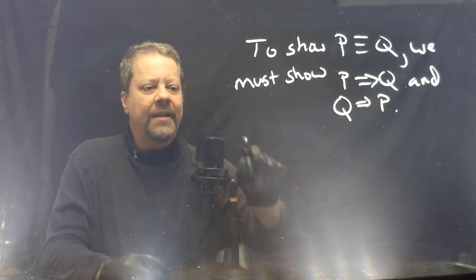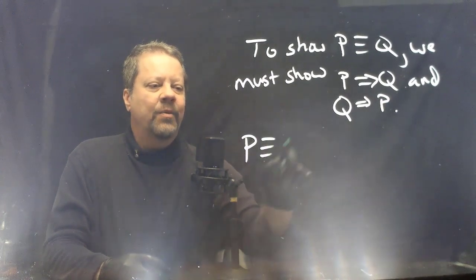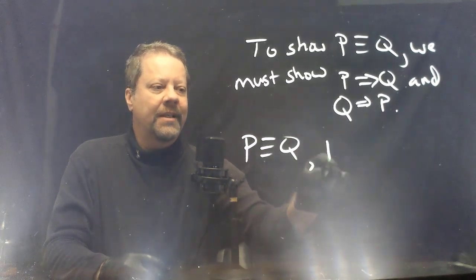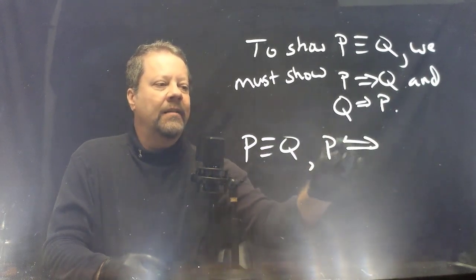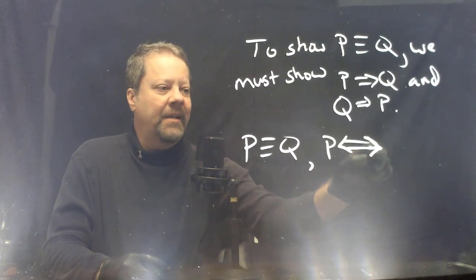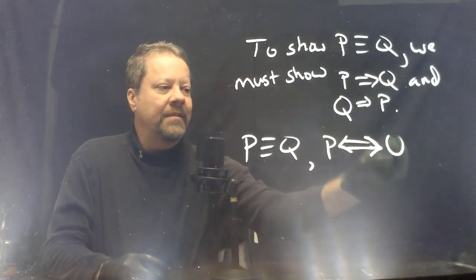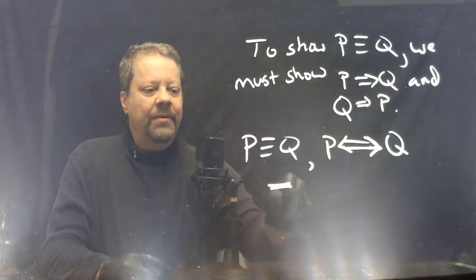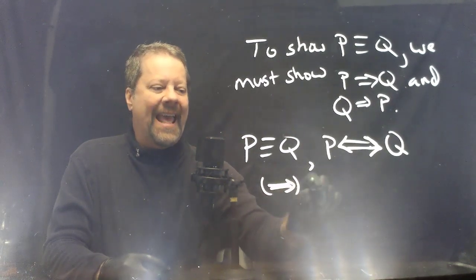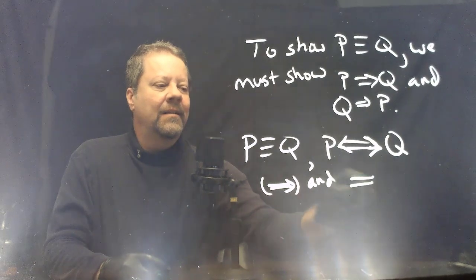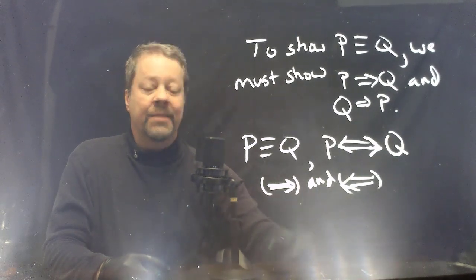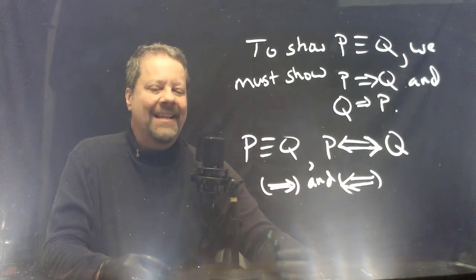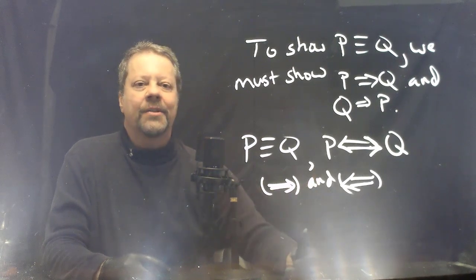So to show that P is equivalent to Q, it's equivalent to saying P with the biconditional, P if and only if Q. That gives you this direction and this direction that must be proved. You have to prove the implication in both directions.